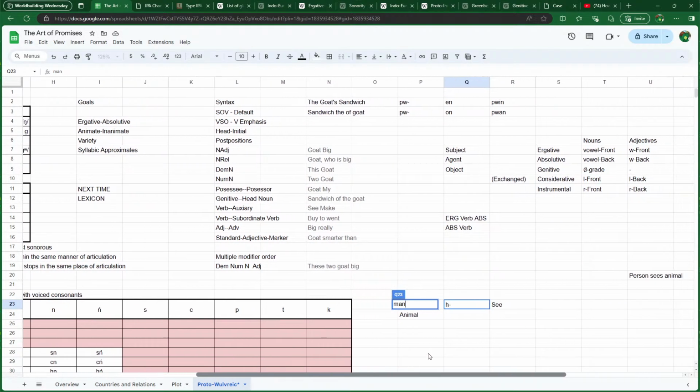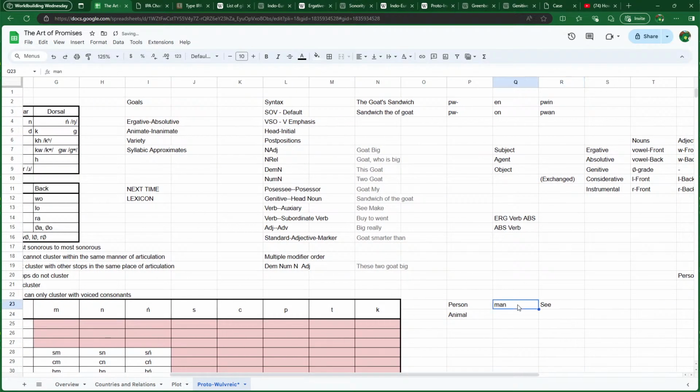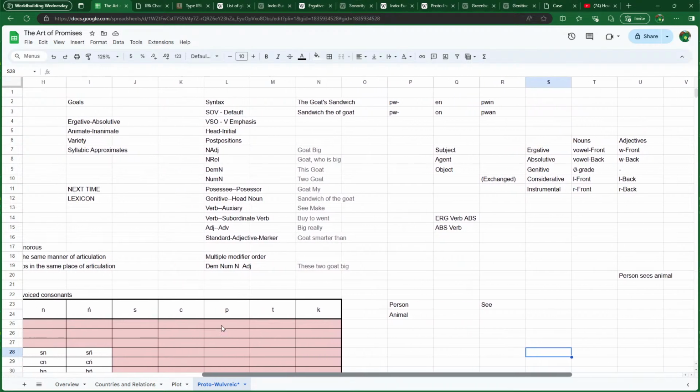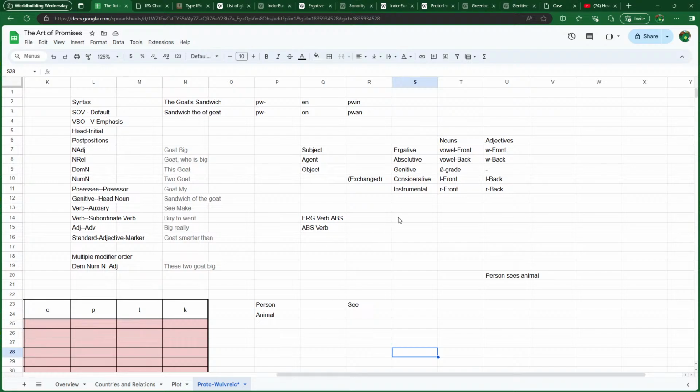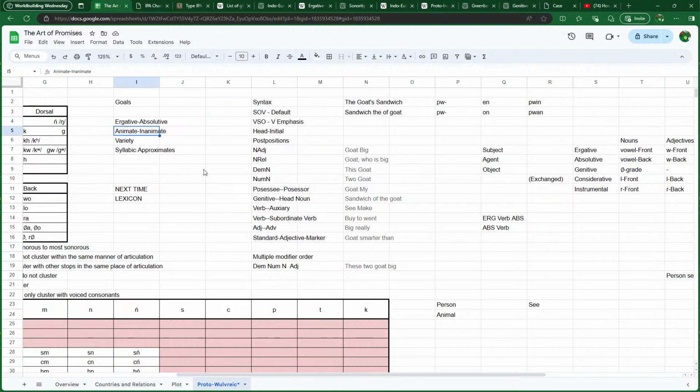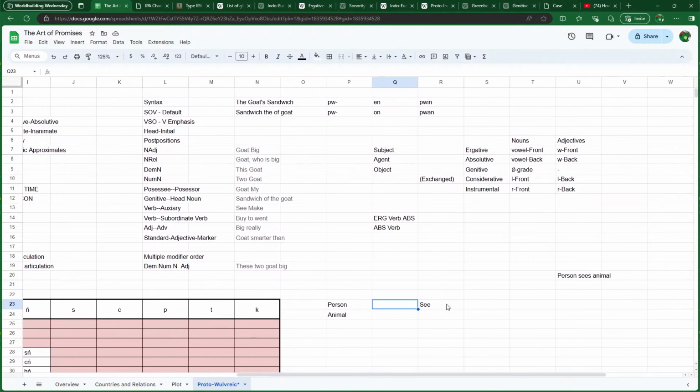Oh, you know what else we gotta do? Should we have the case change per... No, you know what we'll do? We'll have the vowel itself change for case, and then we'll have the ending change for class, animate versus inanimate.